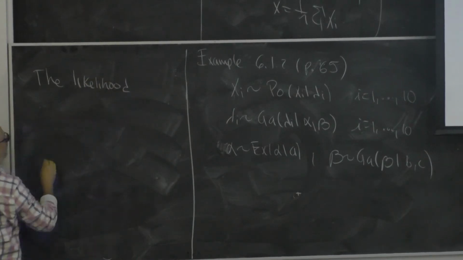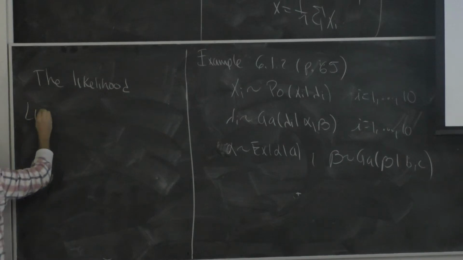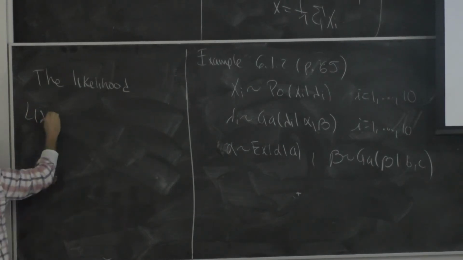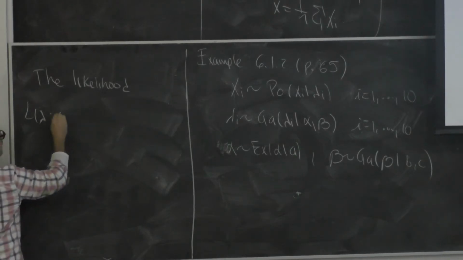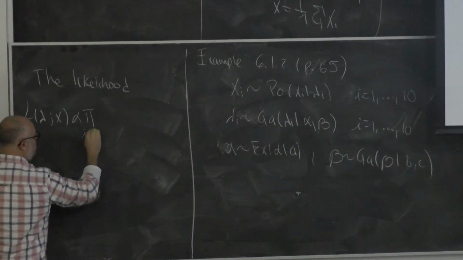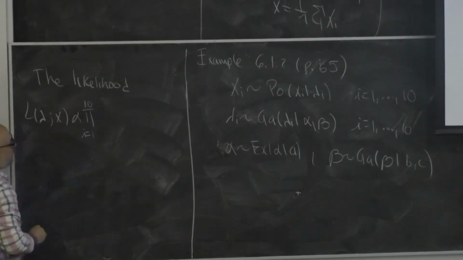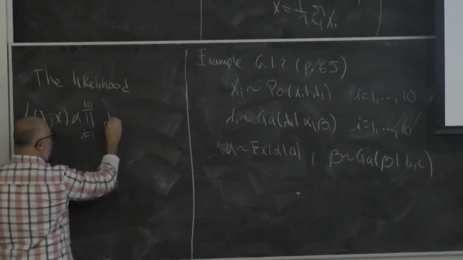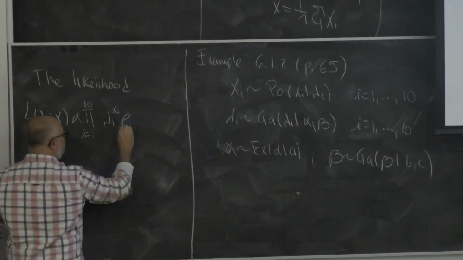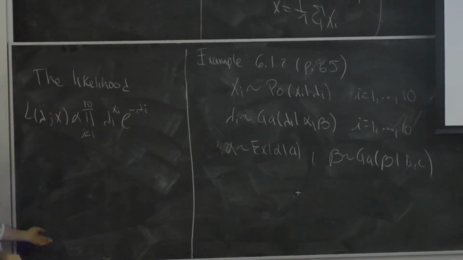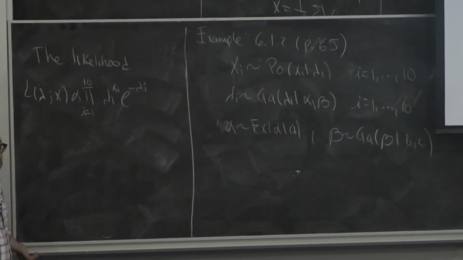So the likelihood for the vector of parameters, given data x, will be proportional to the product from i equals 1 to 10 of lambda i to the xi, e to the minus lambda i. That is the likelihood, right?